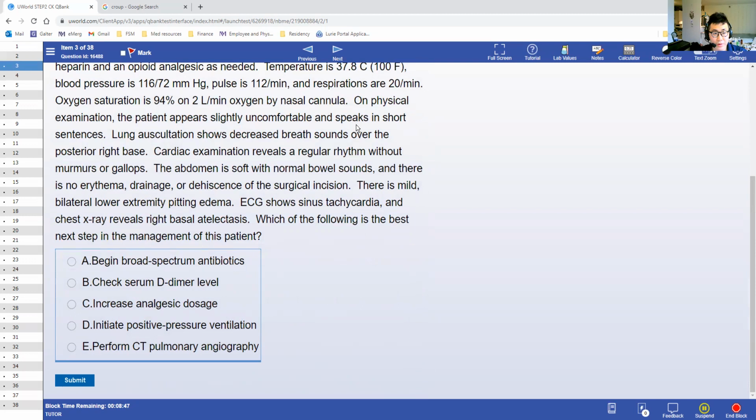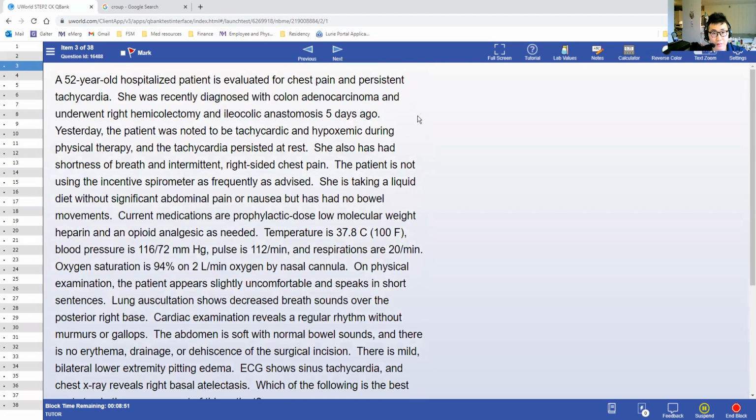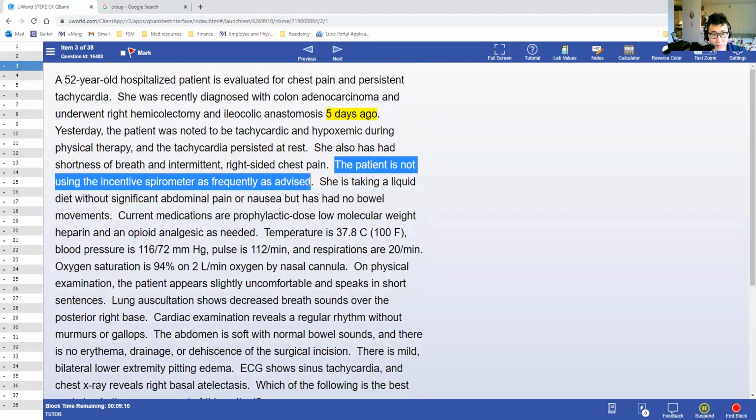All right, here we have a pretty long question. It's a management question. 5 days ago, so this is kind of in that PE period. This increases the risk of pneumonia.